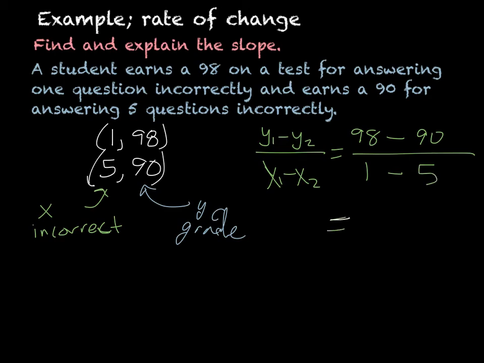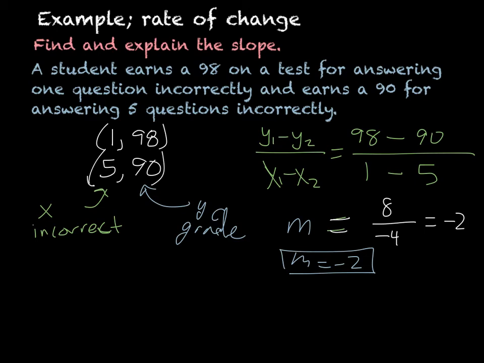So that's going to give me 8 over a negative 4, which is negative 2. So what does this mean? So I have my rate m equals negative 2.